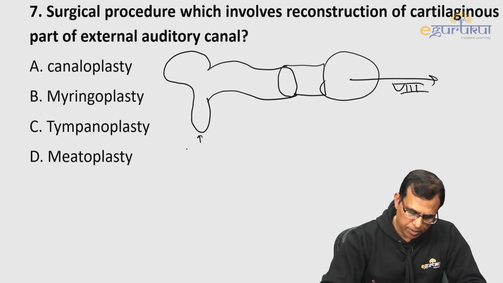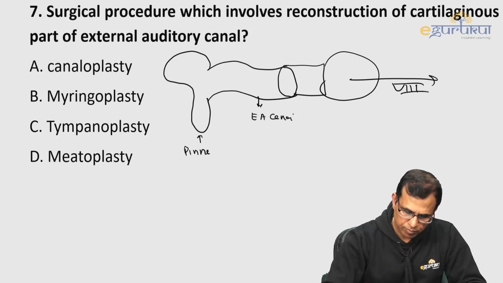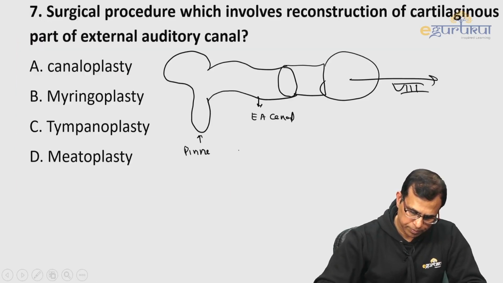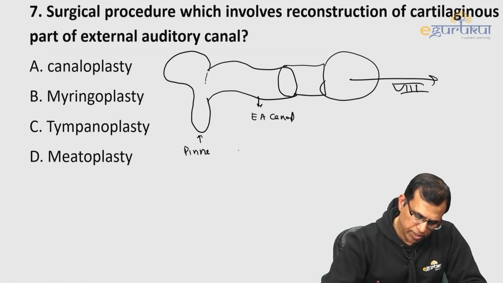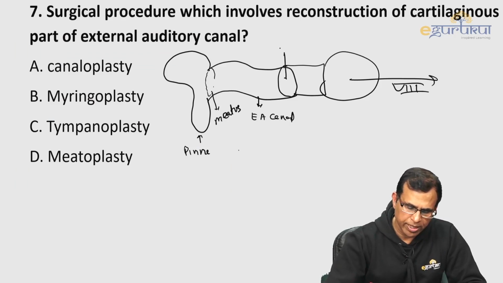So this is pinna. This is external auditory canal. The opening of this canal is called meatus, external auditory meatus. Tympanic membrane, I call it meringus, and middle ear is tympanum.